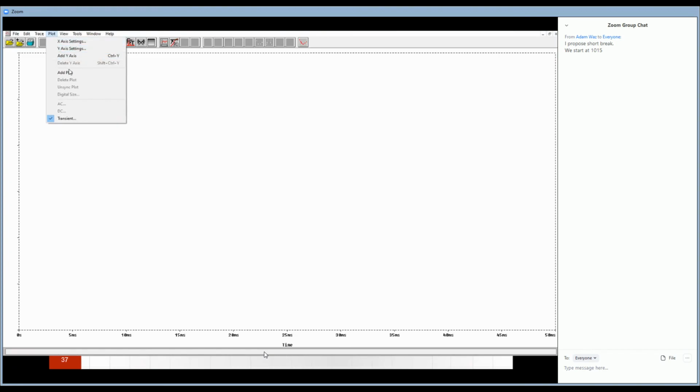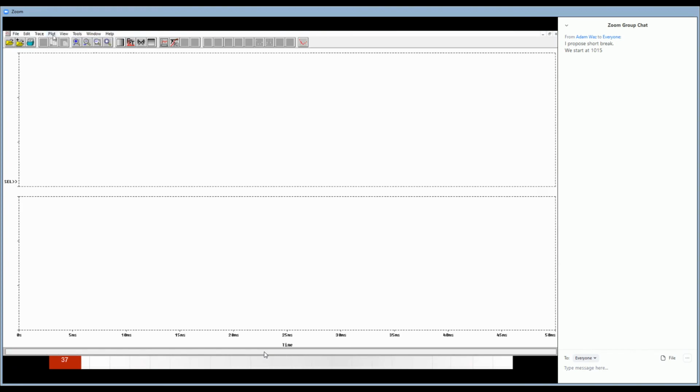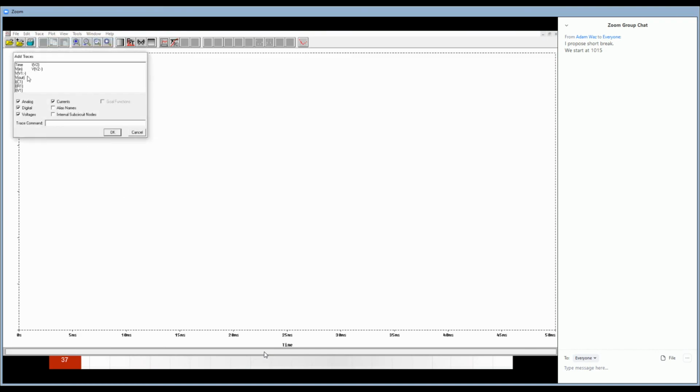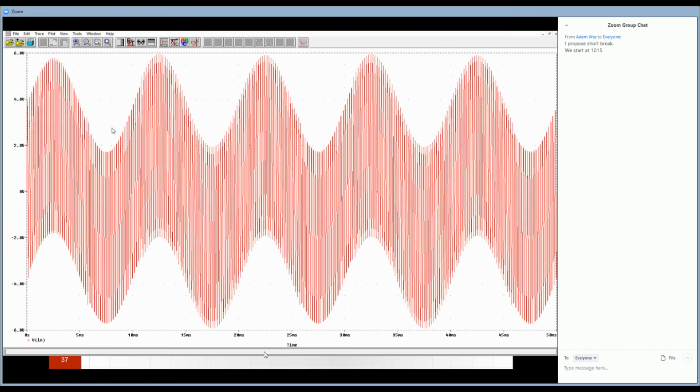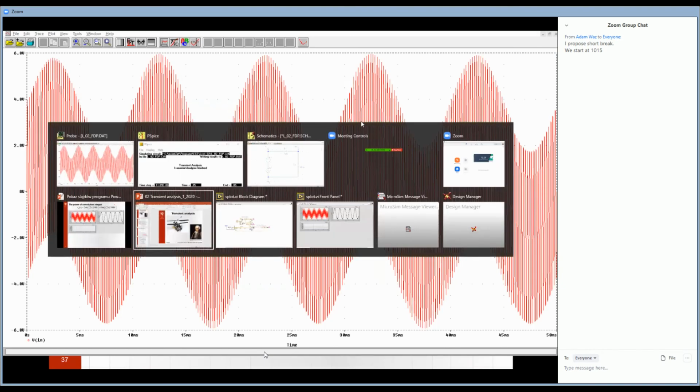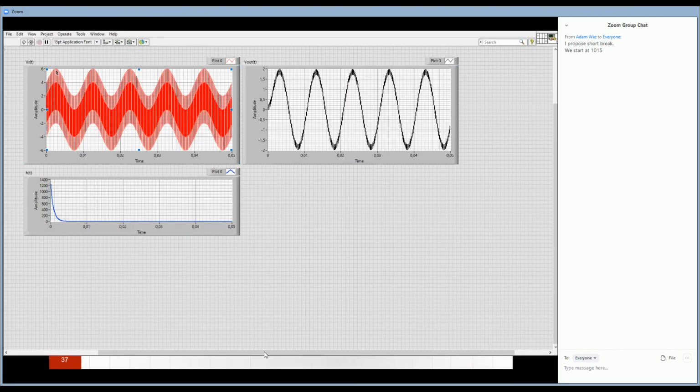So I can add plot and trace. Now you see the source, and it has this amplitude. And notice that this amplitude and this amplitude is the same. So you remember about this amplitude of the output.